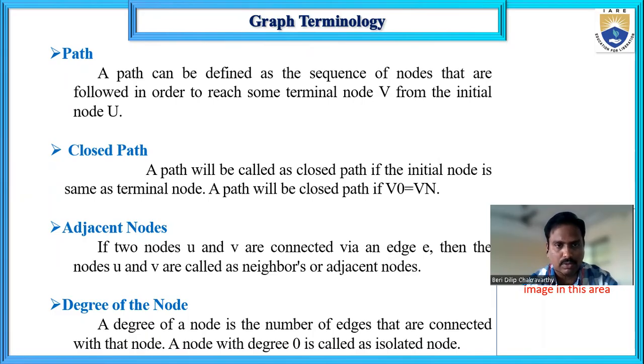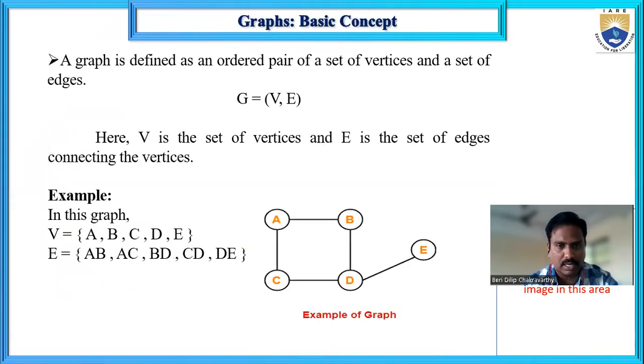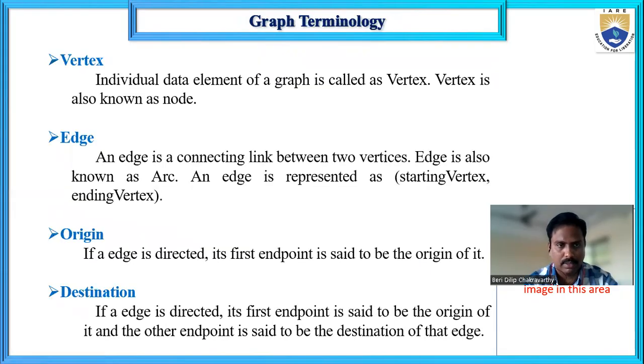For example, for this graph, suppose we are at A and need to go to E. I can go like this: A to B, B to D, D to E. This is one path. A to C, C to D, D to E. This is another path. There are different paths between vertices. That is what we call a path.